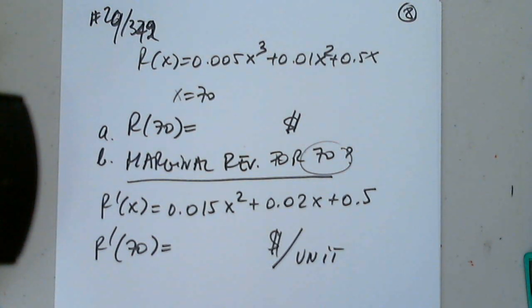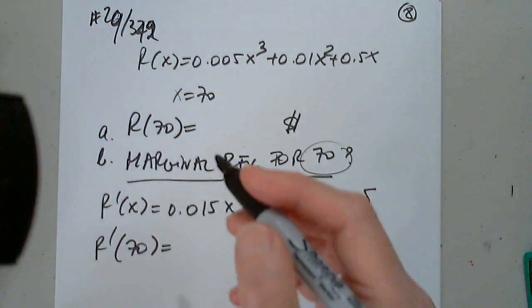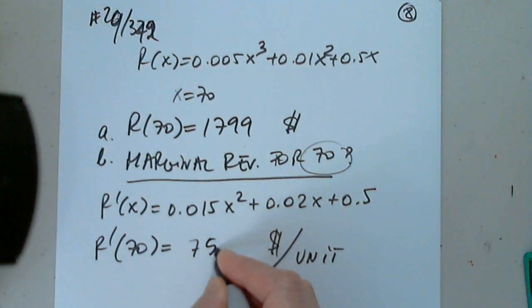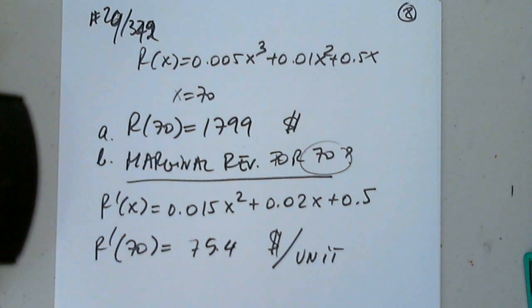Now the derivative, 0.015 x squared plus 0.02 x plus 0.5. And now for both, we want 70. That's why I wanted to wait, so I have both answers at the same time. So this is 1799 in dollars, and the other one is 75.4, of course, in dollars per unit.